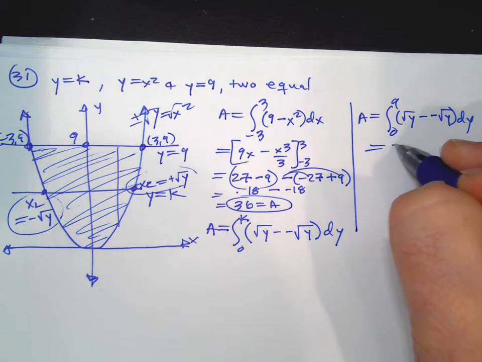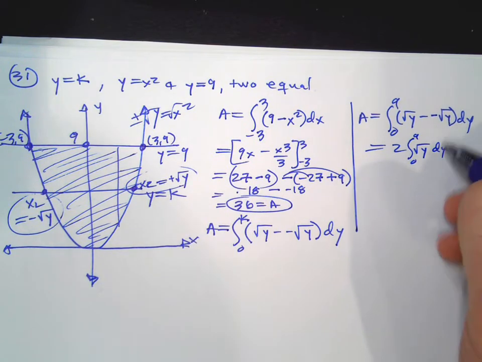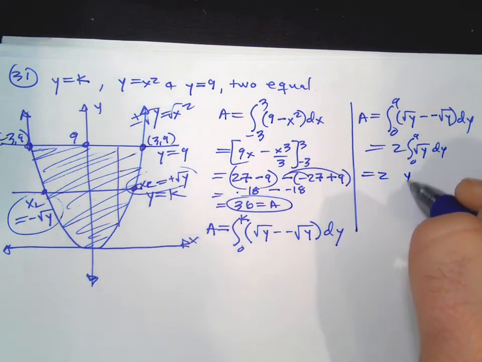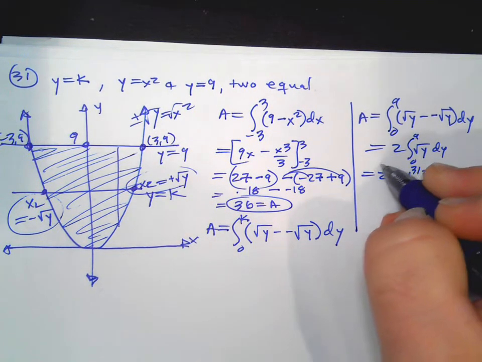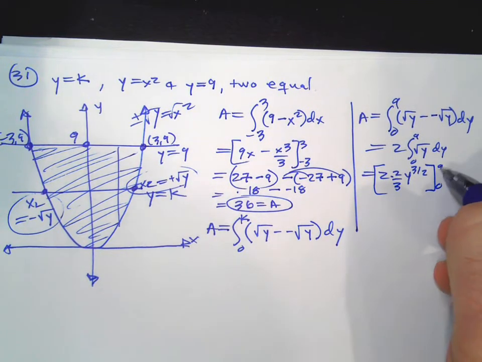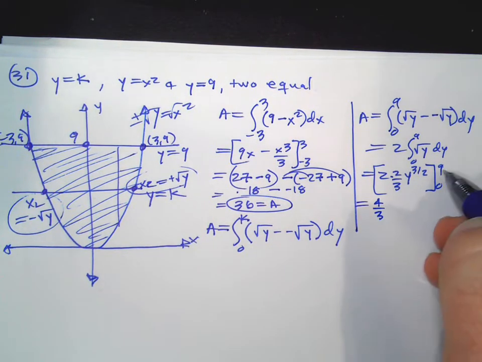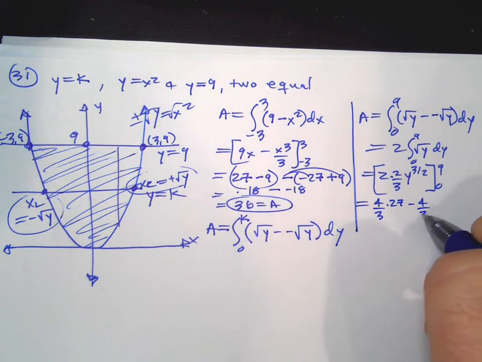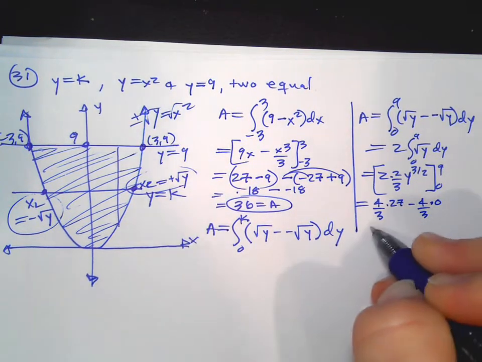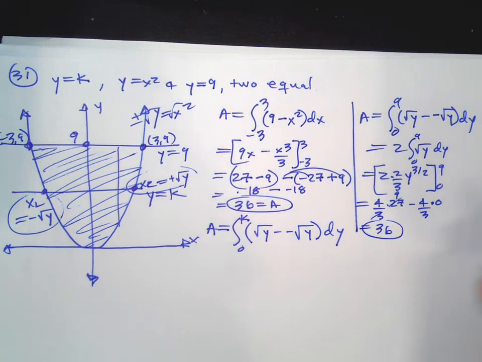Now, this is going to be 2 square root of y, which is y to the 1/2. So it's going to be y to the 3/2 divided by the new exponent. So it's going to be 4/3 times square root of 9, cubed is 27, minus 4/3 times 0. And you get 36. Same thing.